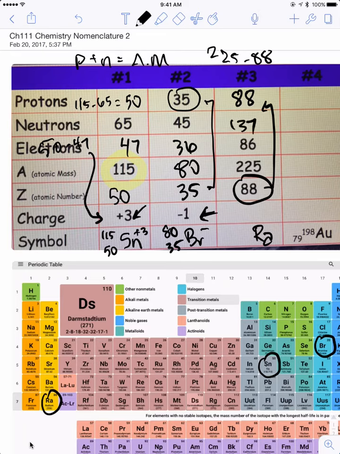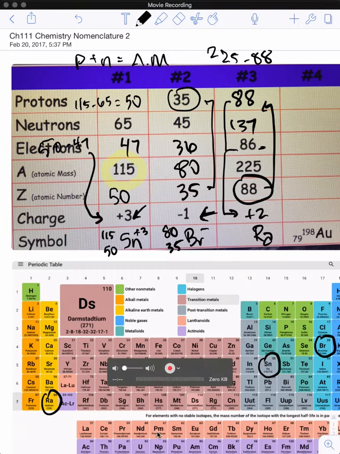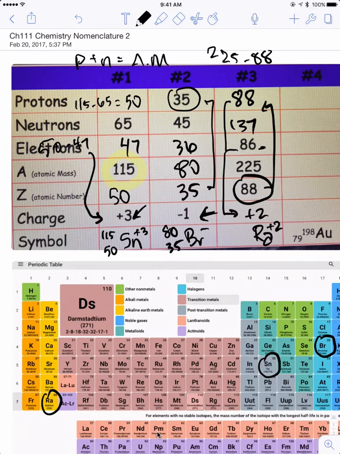And then the fact that there are 86 electrons and 88 protons tells us that there is a net charge of +2 in this particular case. So we put +2 right here, we put 225 right here, and we put 88 over here.